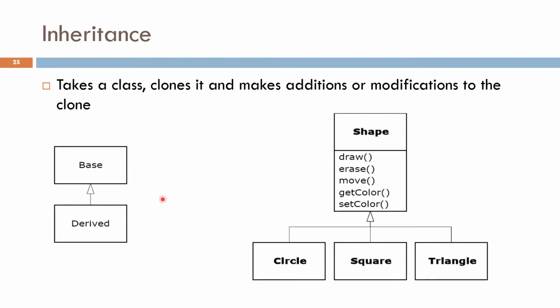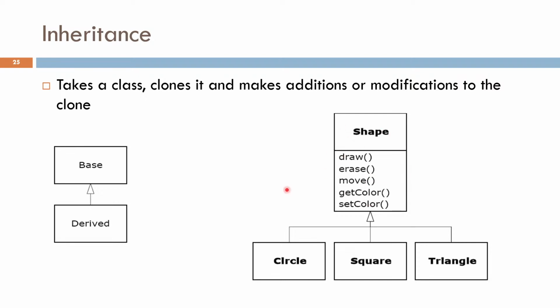Now, with inheritance, we can take a class and clone it and make any additions or modifications to that clone. So we can have a default shape class here, and then later on we can have a circle, a square, and a triangle class that inherit from our shape class.